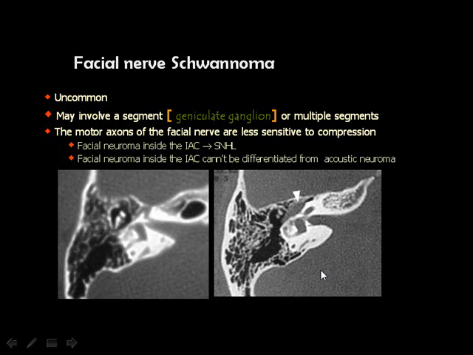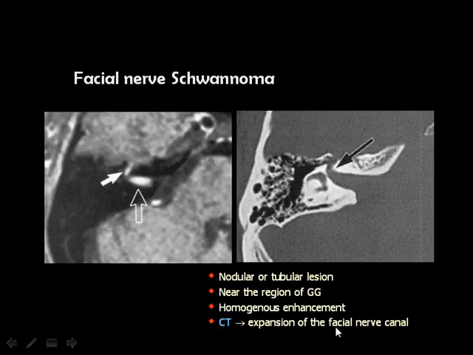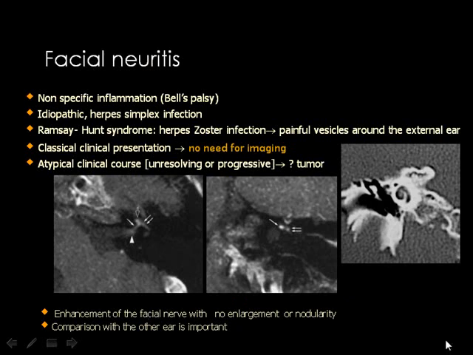If you inject contrast and the lesion is enhanced, then you are dealing with facial schwannoma. And this is an enlargement of the facial canal, the ascending limb, and by MRI you got thickening of the facial nerve and the enhancement of the facial nerve, diagnostic of facial schwannoma.